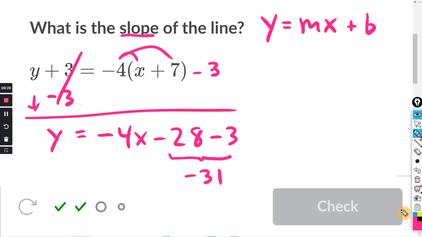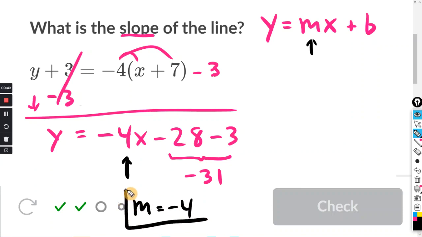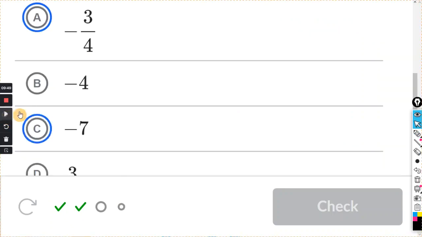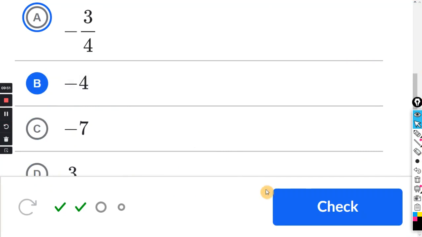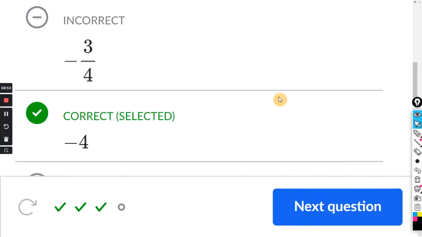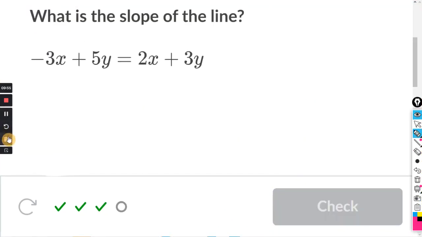No. All we need is the number that's times x. All right, and we can see that right here. The slope m is negative 4. So this step at the end is unnecessary. Answer B. All right, last one.